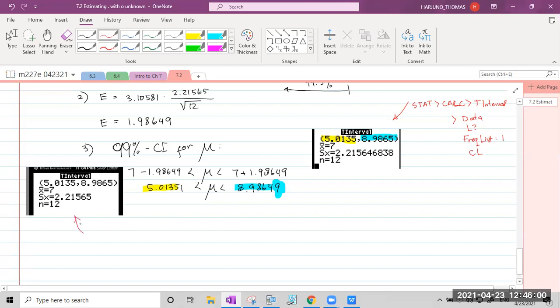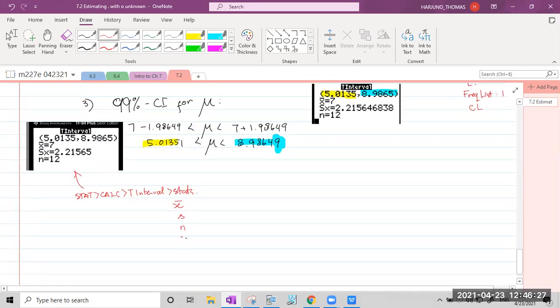This is when you do stats, calculate, t interval, and then you use Stats. So you need to enter the X bar, the sample standard deviation, the sample size, and the confidence level.